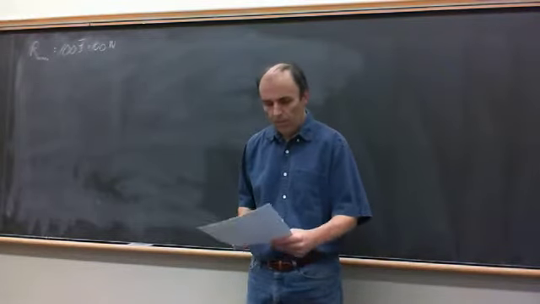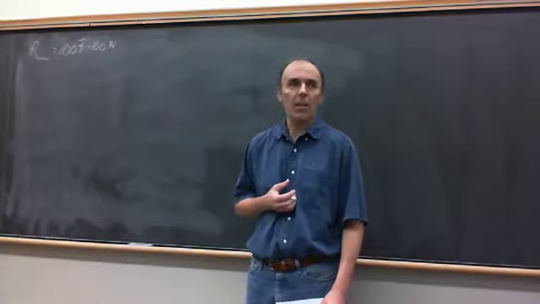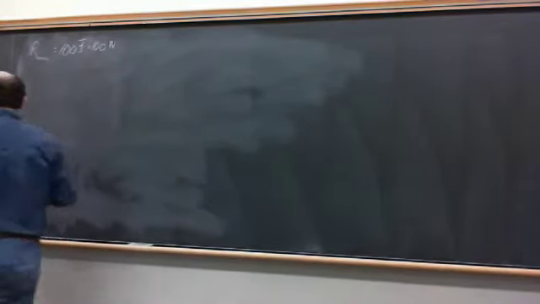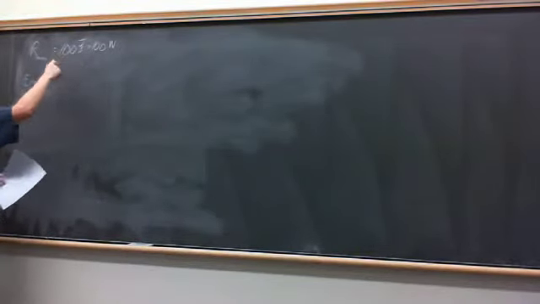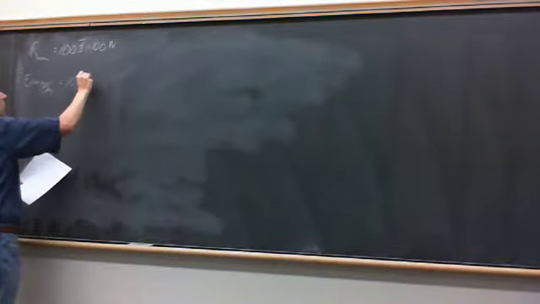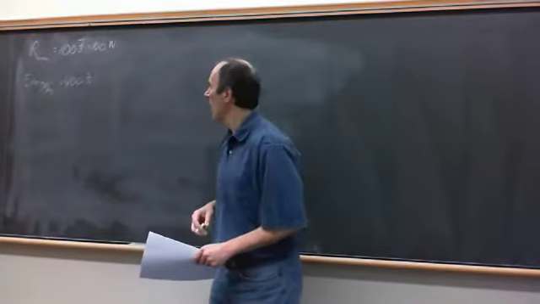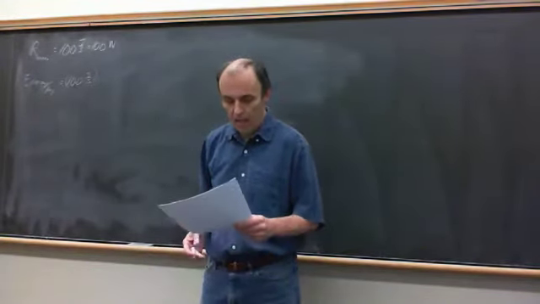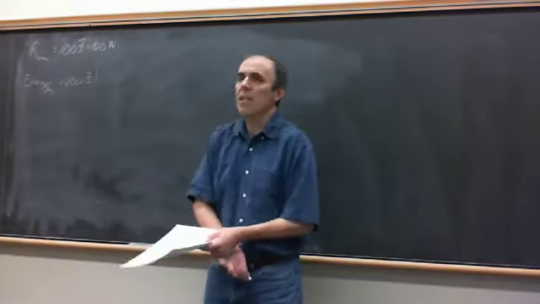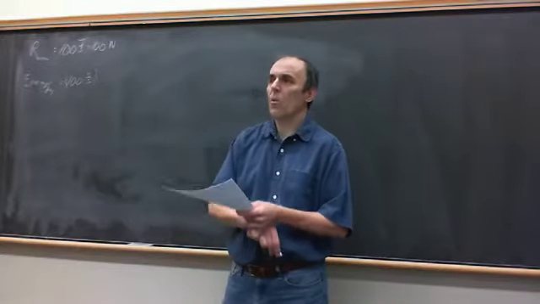So we can actually learn something. We can try to calculate how much energy we use in one day. So let's see. This is energy use per day. Well, this is a rate. This is 100 joules per second. So if we want to get the total energy in one day, we got to figure out how many seconds there are in a day. There's 60 seconds in a minute, there's 60 minutes in an hour, and there are 24 hours in a day.